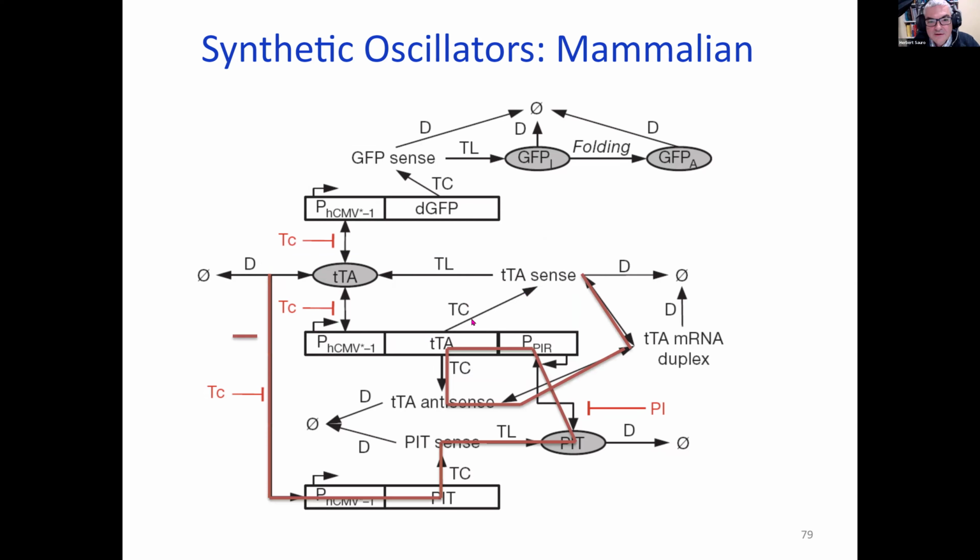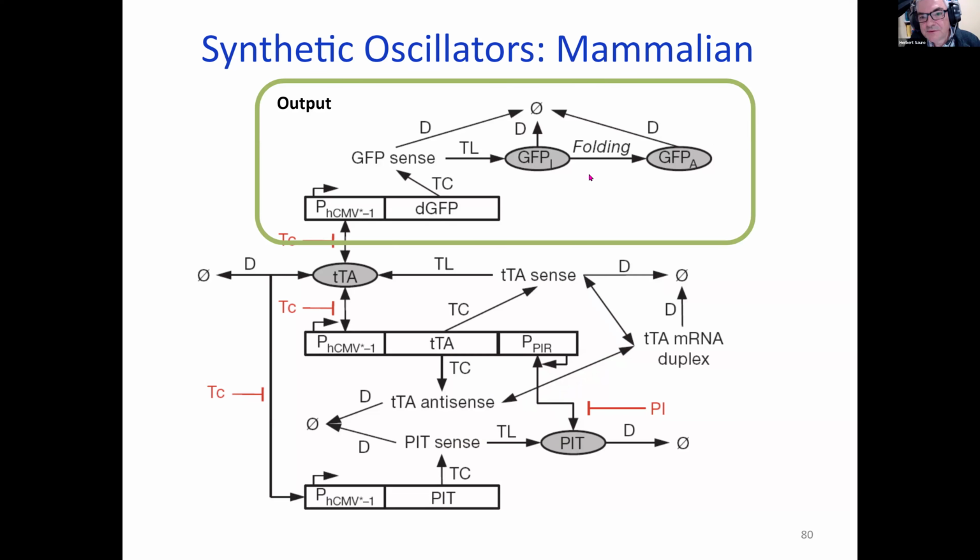From the positive feedback, we go all the way around this loop, all the way back to here to actually inhibit the positive feedback. So there's a combined positive feedback and a negative feedback. We have a whole reporter system up here. That's just the output, with GFP. And this thing oscillates. It's pretty sophisticated, using lots of tricks to make this work, but that was a nice example.